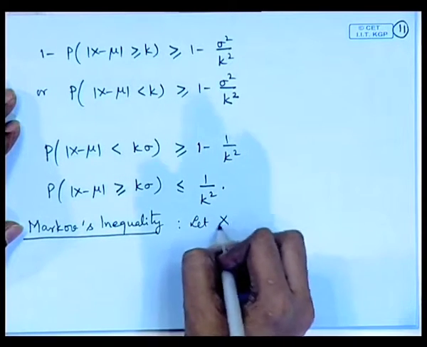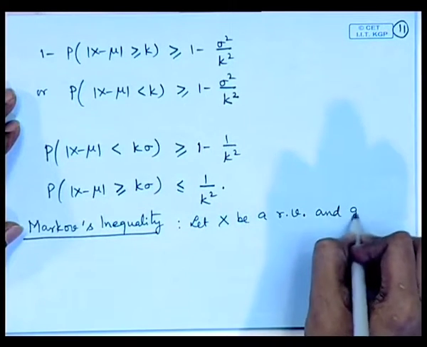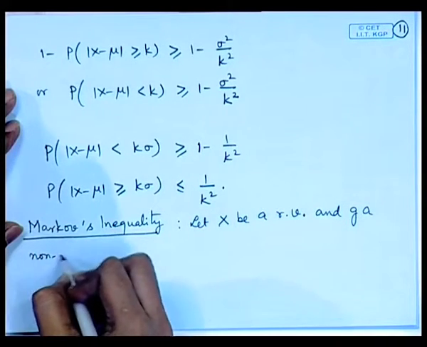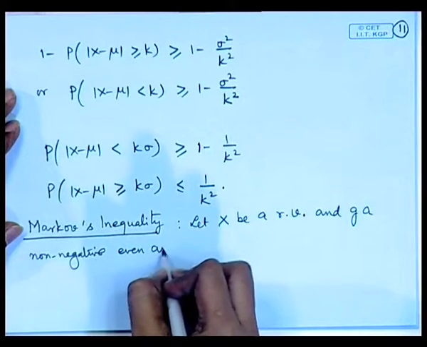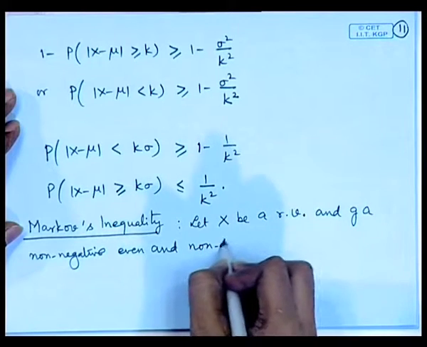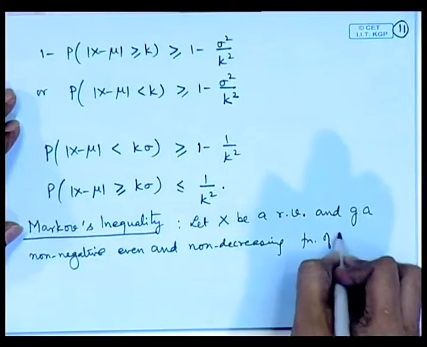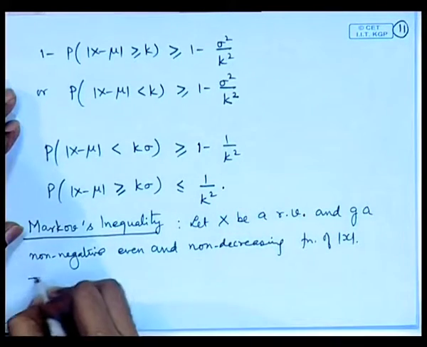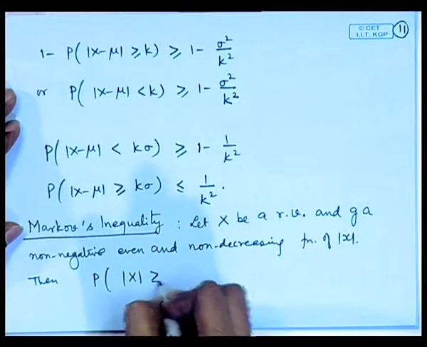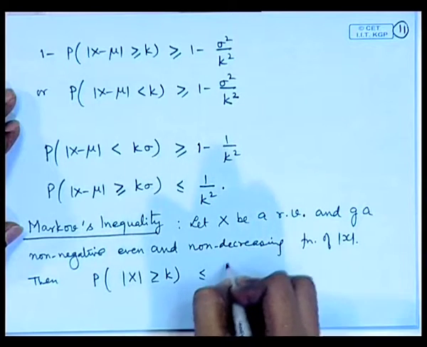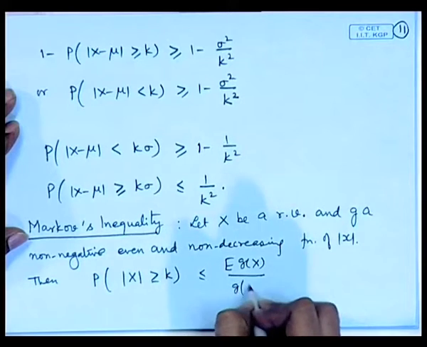Let x be a random variable and g a non-negative, even and non-decreasing function of modulus x, then probability of modulus x greater than or equal to k is less than or equal to expectation of g x divided by g of k.